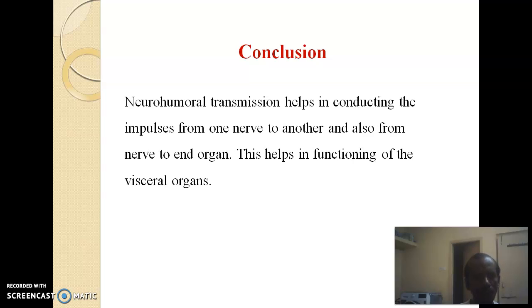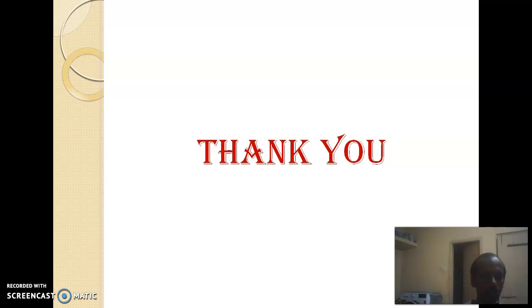All the functions of the visceral organs are majorly dependent upon neurohumoral transmission. Maintenance of homeostasis is helped by neurohumoral transmission. So this is in brief about our neurohumoral transmission concept.